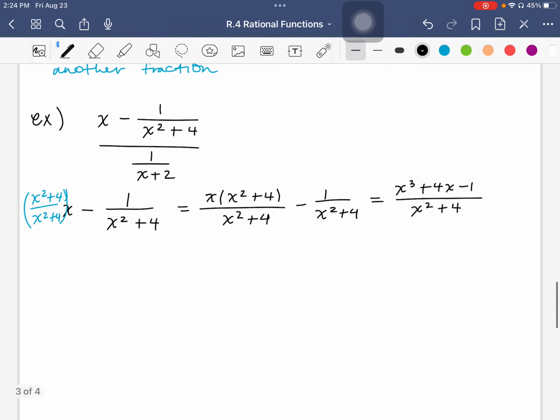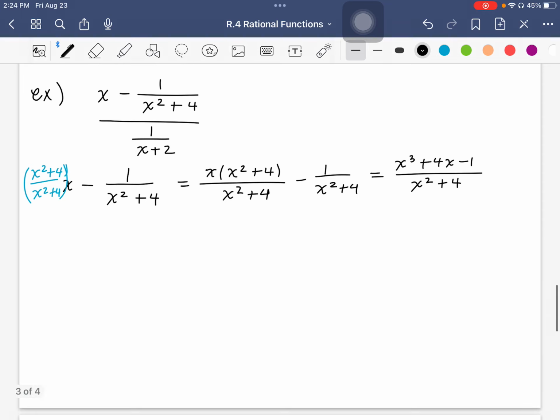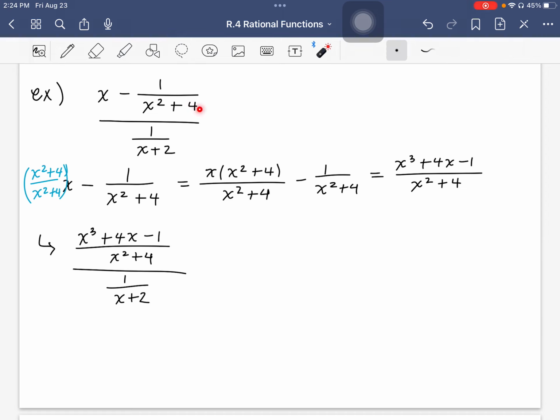All right, so this is what we get in our numerator. So this guy and this guy are equal, and then we're dividing by this rational expression here. So let's rewrite our example as the following. So this is our new problem. All I did was take this guy and rewrite it like this, which we found these two are equal by getting a least common denominator.